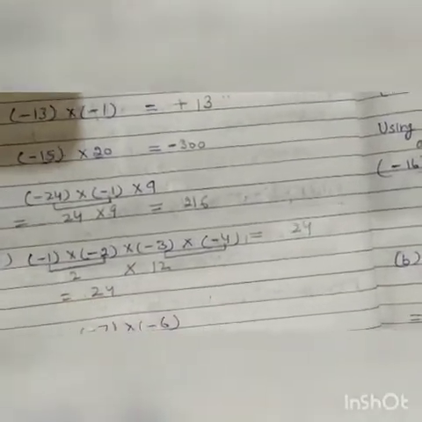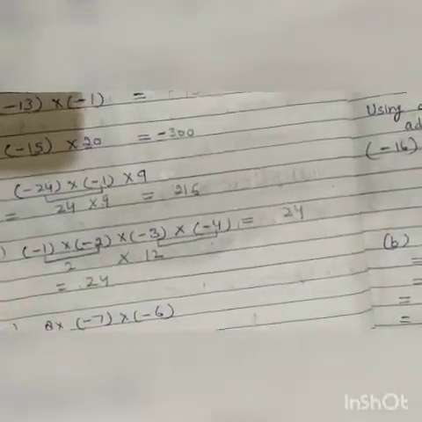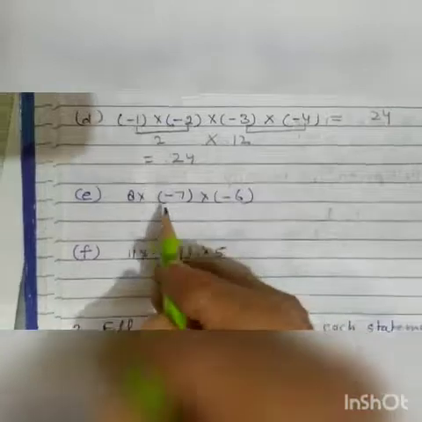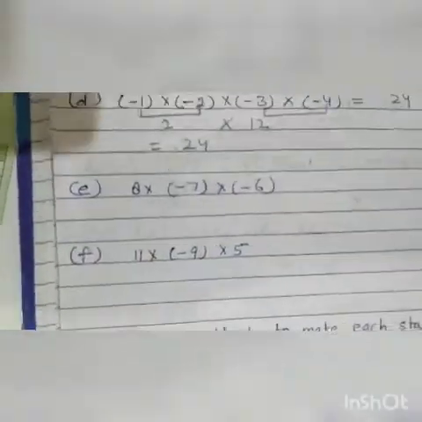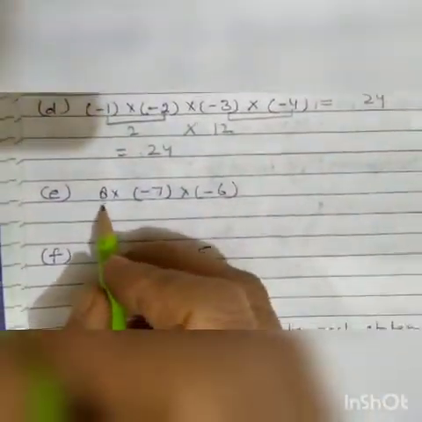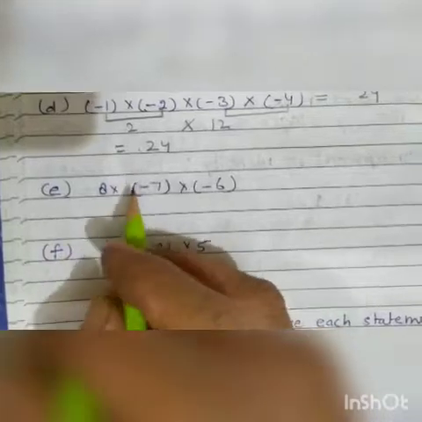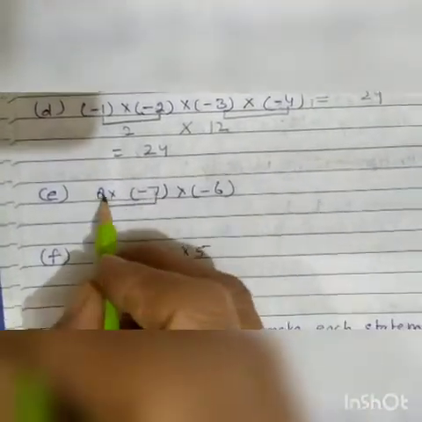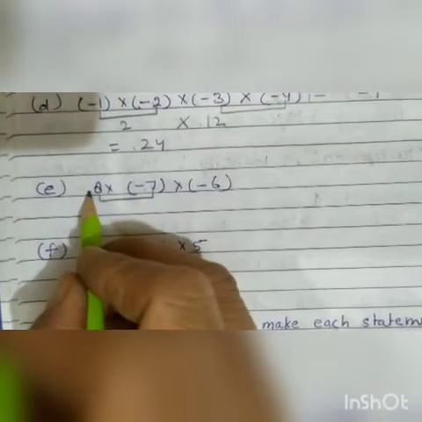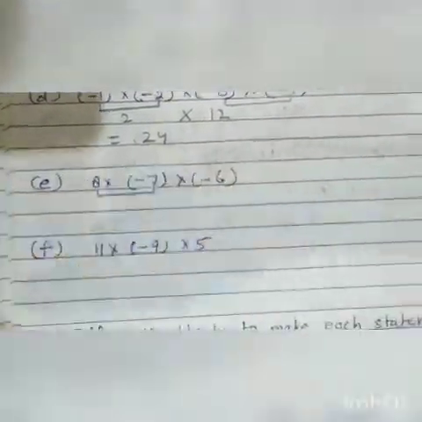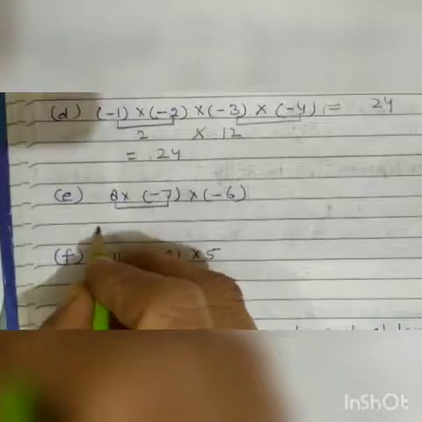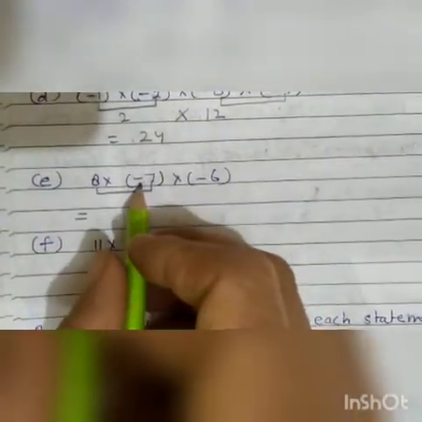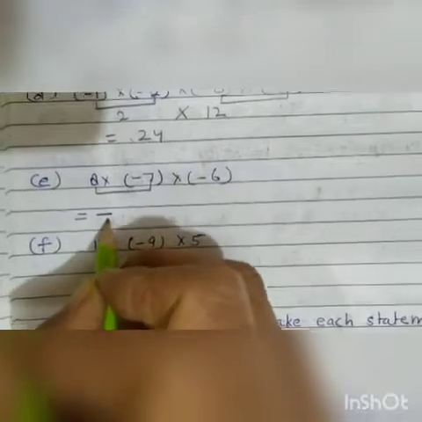Now come to E part. In E part, see, there are 3 integers. So again I would prefer to multiply the first 2 integers, not directly. First we will multiply these 2 integers. Here this is a positive integer, this is a negative integer. So you know, when we multiply a positive integer with a negative integer, the product will be a negative integer.